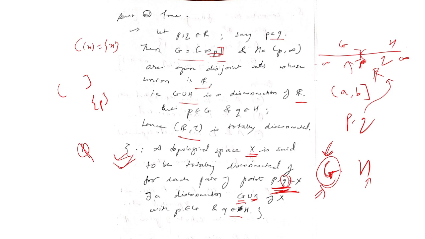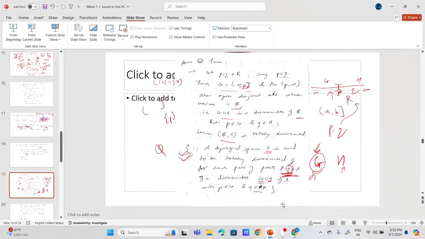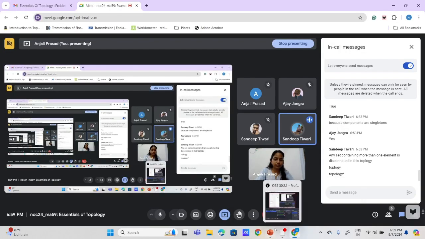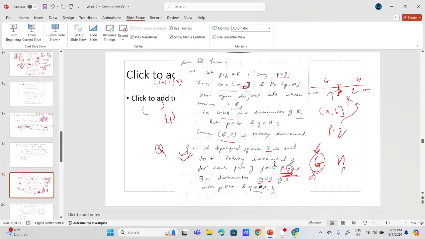Here you are not saying that G and H are connected. P and Q are related to each other if there exists a connected set such that both belong to that set. Then P and Q are said to be related to each other.